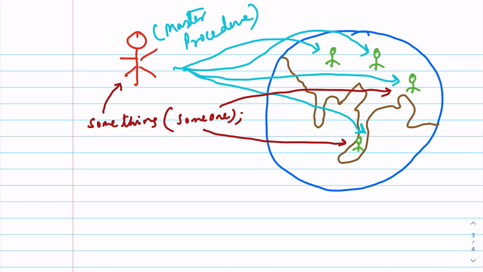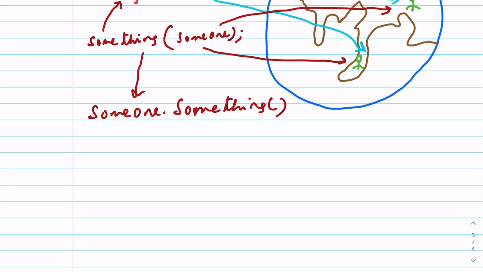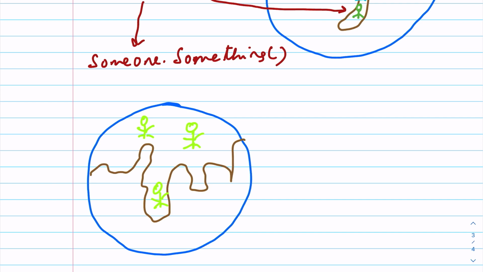So what if these entities have their own free will? What if these entities have their own data and own functions, own behaviors?